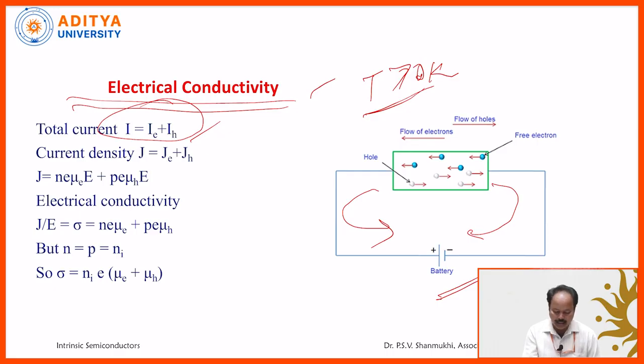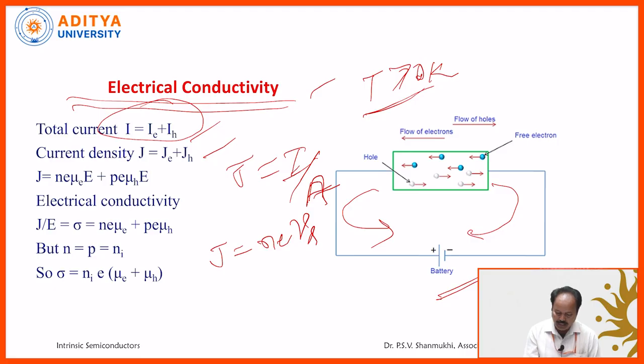What is the current density? Total current density J is equal to JE plus JH. We know one thing, J is equal to I by A, the total current per unit cross sectional area. For the current density we have an expression J is equal to N e VD, drift velocity, or else N e mu E, mobility into electric field.